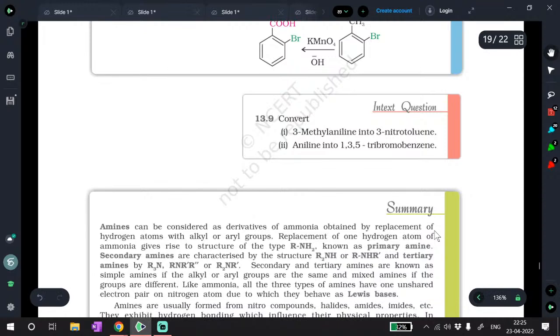3-methylaniline to 3-nitrotoluene. How do you do that? This is aniline.